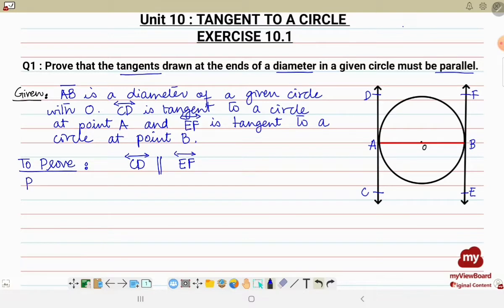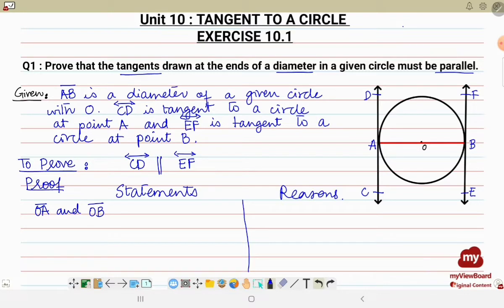Now let's start with the statements and reasons. Okay. Now AB is the diameter of a circle with center O, and since AB is the diameter, so OA and OB are the radii of the same circle. Let's write this down, that OA and OB, this is given to us because AB is the diameter, so OA and OB are radii, right?